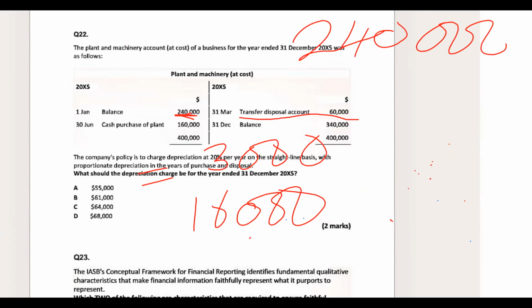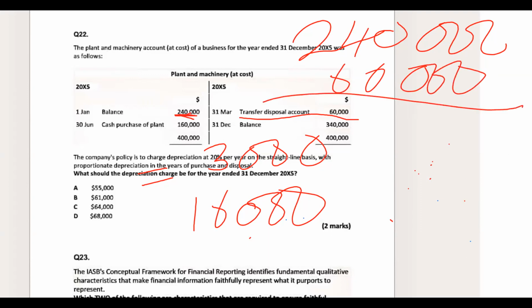You have removed the asset on this particular day. You sell it off, dispose of it. You subtract that, and what do you get? $240,000 minus 60,000 is 180,000.